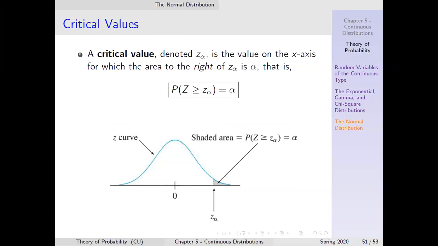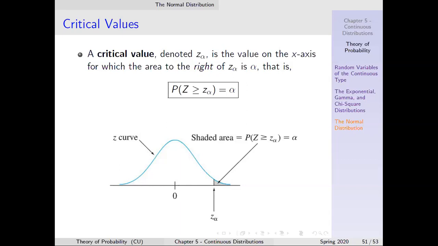Remember, we can put all normal distributions on this equal playing field with the standard normal. It's a number Z alpha such that there's alpha percent of the data beyond Z alpha, so the probability in the tail above Z alpha is equal to alpha.